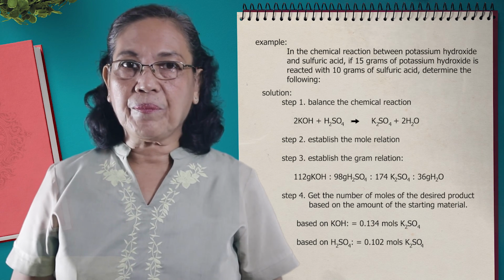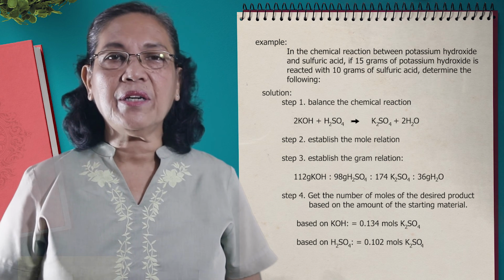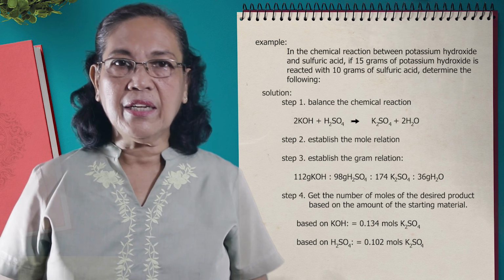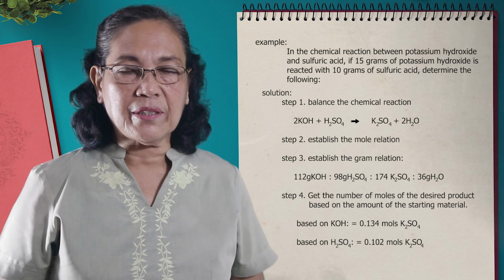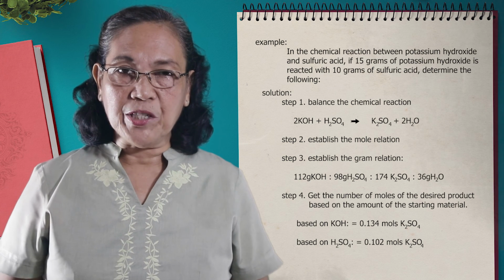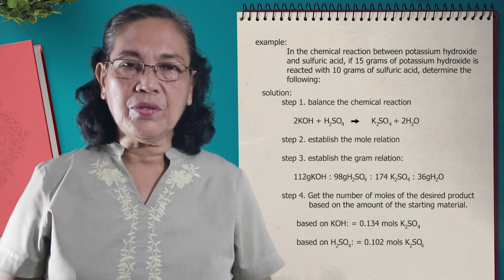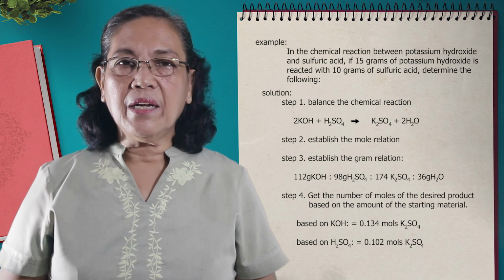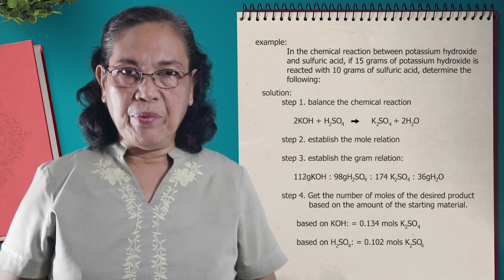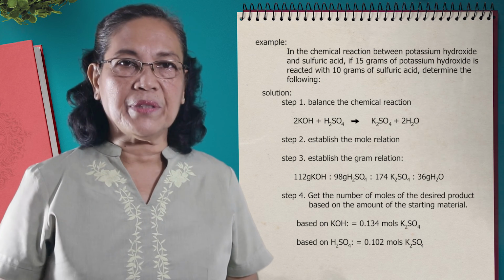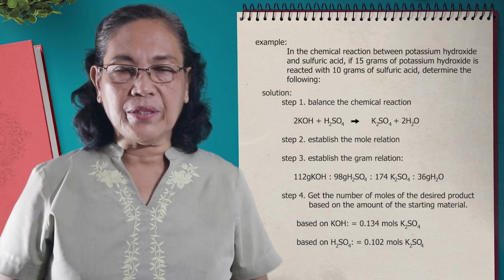So what will you do? You are going to place 2 before potassium hydroxide and place 2 before the product water. So if you check or inspect, this time you have 2 moles of potassium hydroxide plus 1 mole of sulfuric acid will produce 1 mole of potassium sulfate and 2 moles of water.